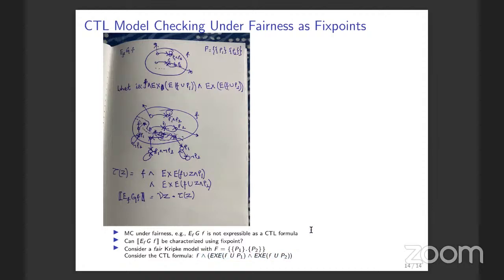By the way, Paramalai, how was model checking under fairness implemented in explicit state? Do you remember? We saw that in the last class. So I will refresh your memory.